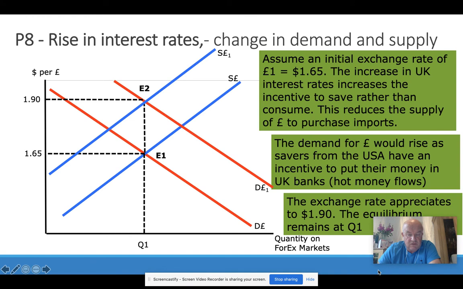So in this instance, although the quantity demanded stays the same at Q1, when those two scenarios happen, where we've got greater demand for our pounds but less supply, that clearly is going to cause the value of our currency to increase significantly from £1 to $1.65 to £1 to $1.90.